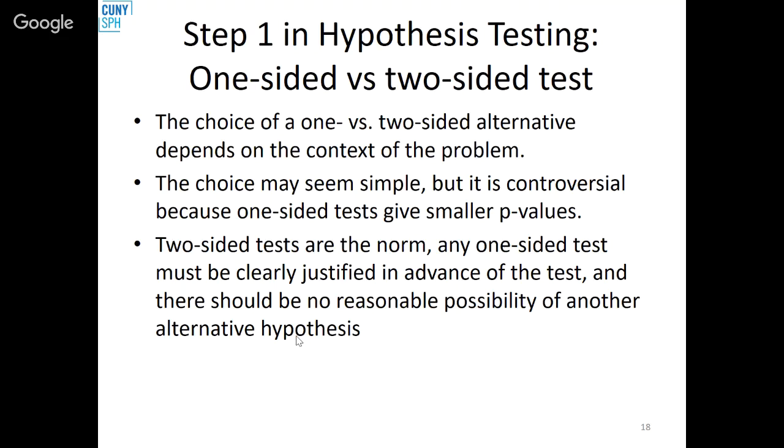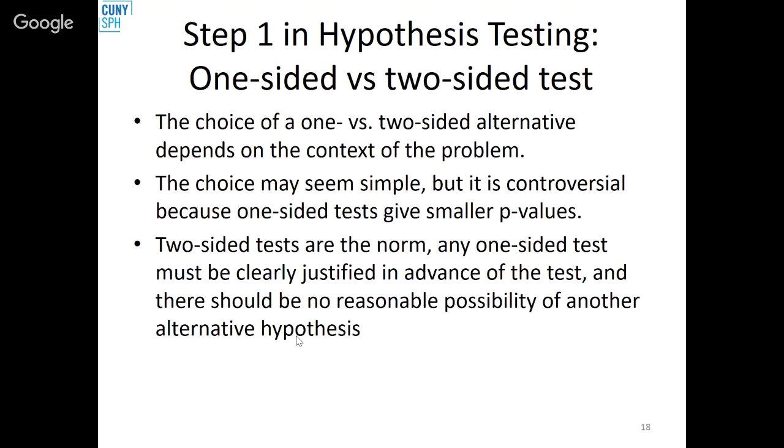You can't rule it out. And unless it's completely impossible, you need to include all possibilities. Because in the simple null case of no effect, you'll double your type 1 error rate by choosing a one-sided test.